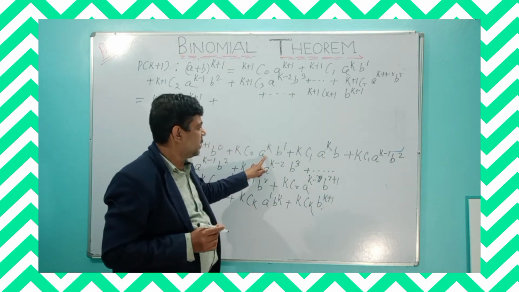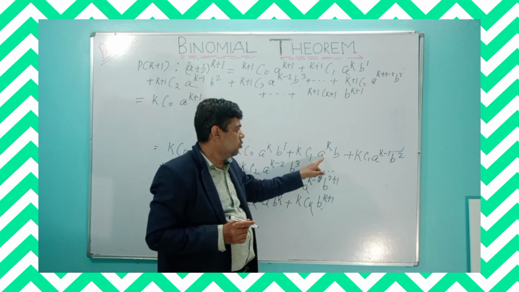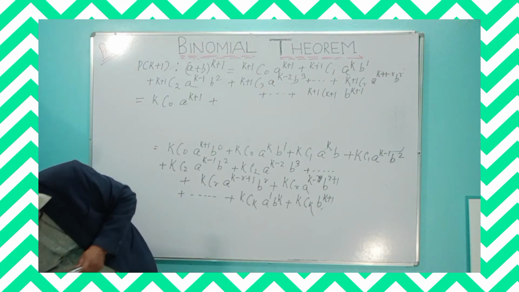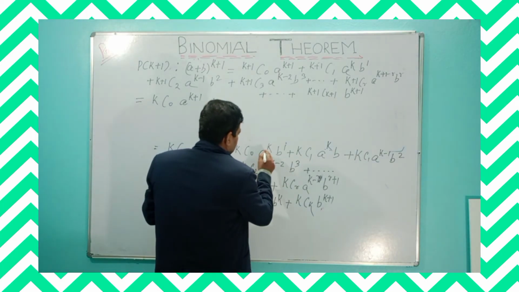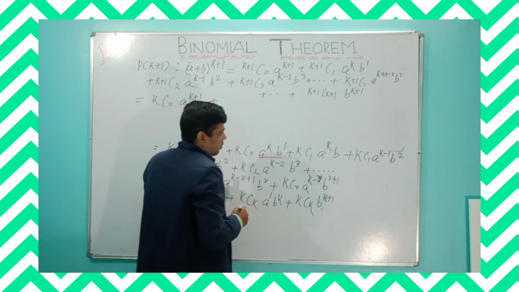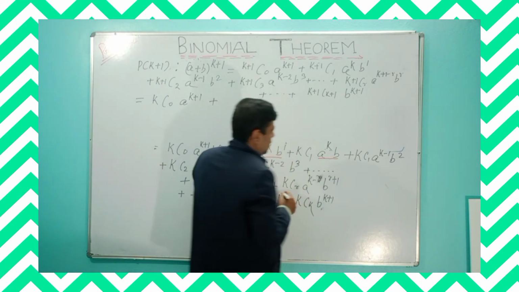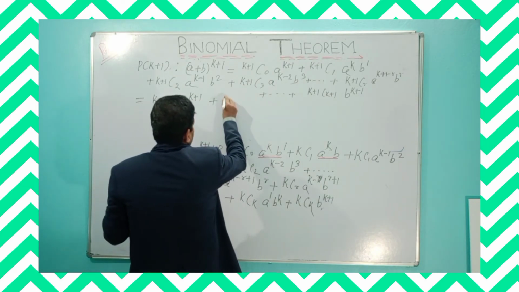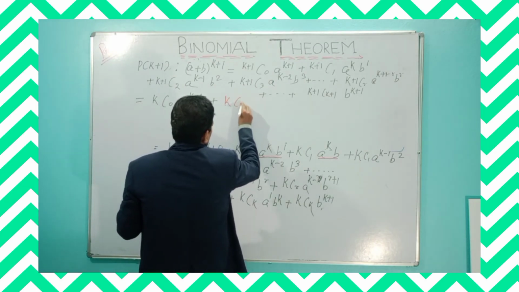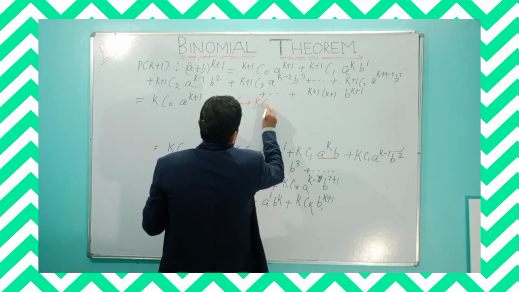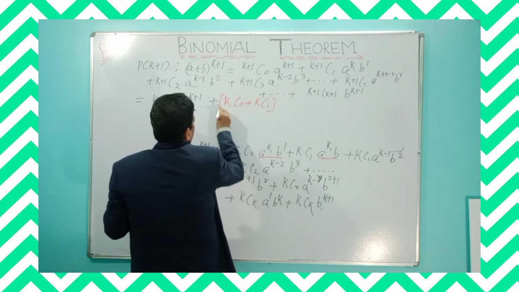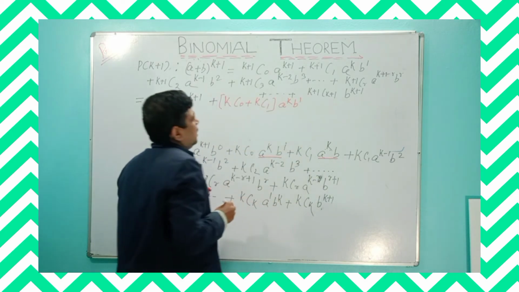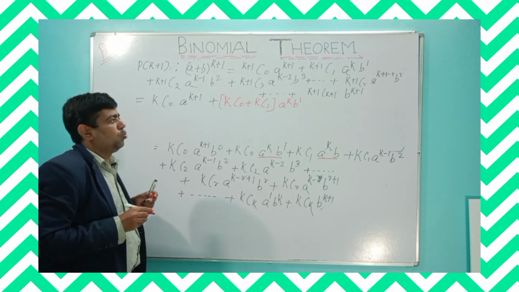Can you bring a to the power k b to the power 1 here? a to the power k b to the power 1 is a common factor. If I bring the common factor, then it will be kc0 plus kc1 into a to the power k b to the power 1.